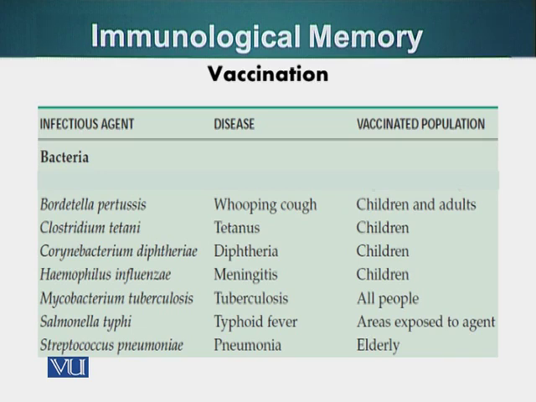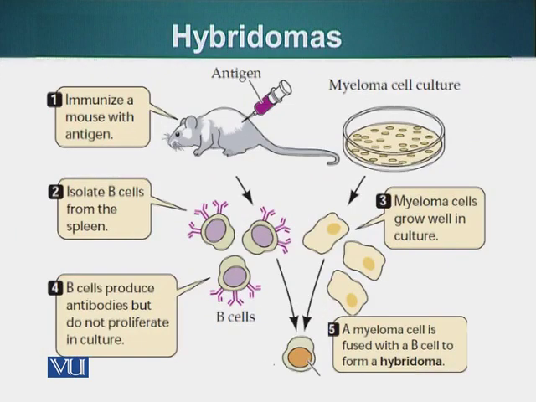So where do these antibodies come from? One of the ways you can make these antibodies is by hybridomas. For example, if we want to make tetanus antibodies, tetanus antigens will be introduced into an animal. That animal will produce B cells making antibodies that can recognize that pathogen.